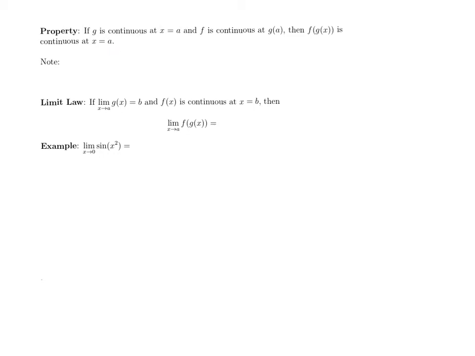That's a bit more wordy than we really need to be, so let me just write this more simply. The composition of continuous functions is continuous.